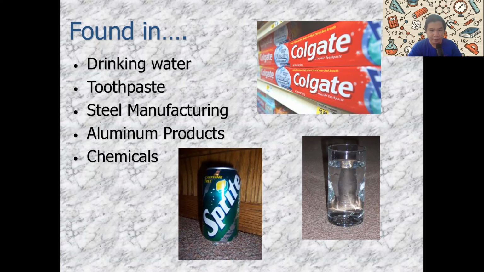Now, fluoride actually helps our bones become stronger. That's why Colgate, as you can see right here, is called fluoride toothpaste. Fluoride, the mineral that you get from fluorite, okay? Fluorite is the rock, fluoride is the mineral.